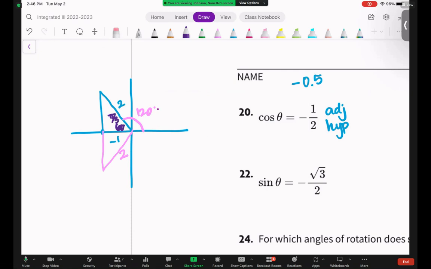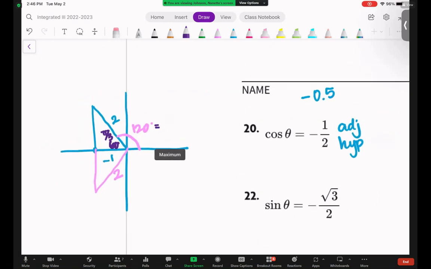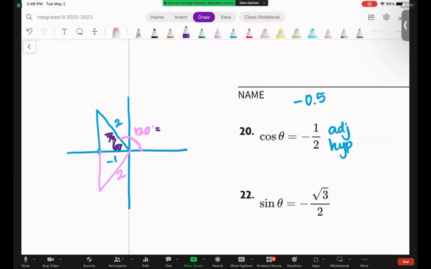So how do you write 120 in terms of pi? So remember that if this is a whole pi, then this would be 3 pi over 3. And I took away a slice, so now this is only 2 pi over 3. So one of my answers is 2 pi over 3.